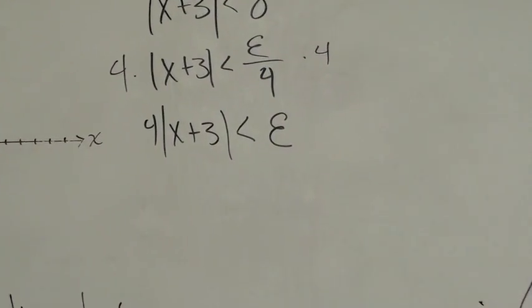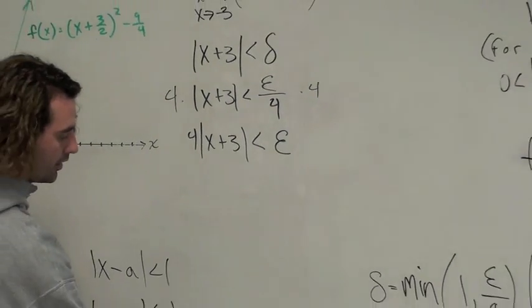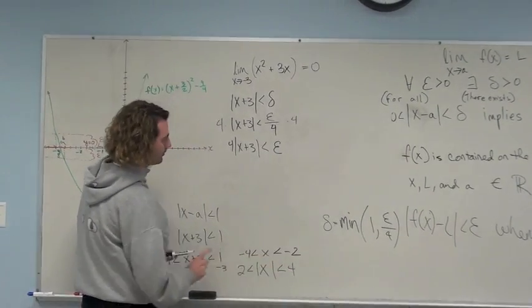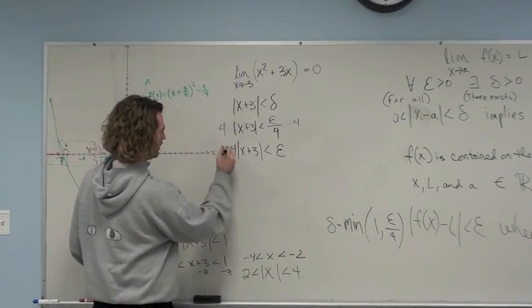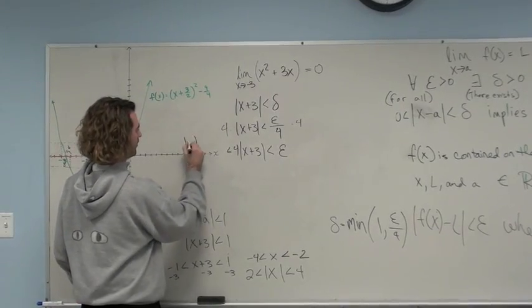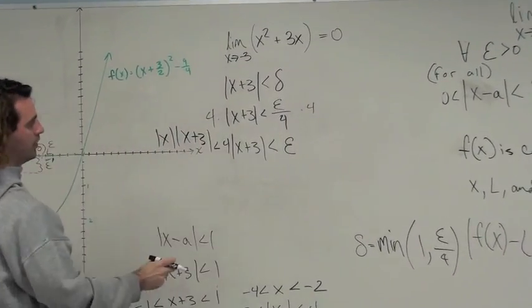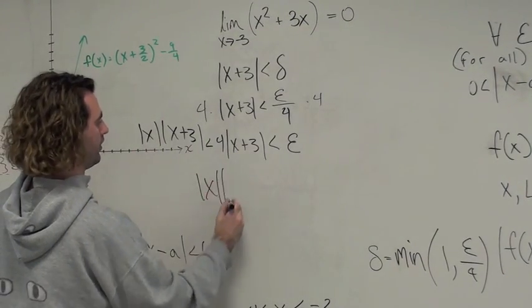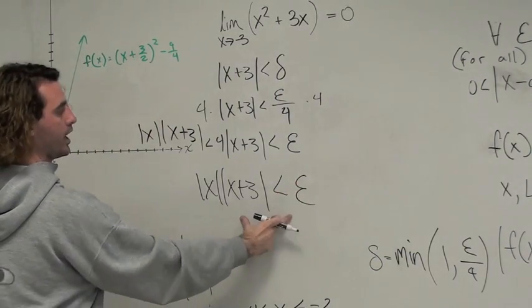And now, over here, we decided that the absolute value of x is always going to be less than 4. So this is going to be less than this. So the absolute value of x times the absolute value of x plus 3 is going to be less than our epsilon.